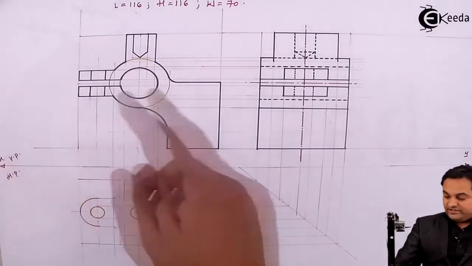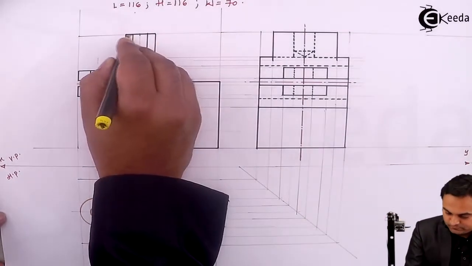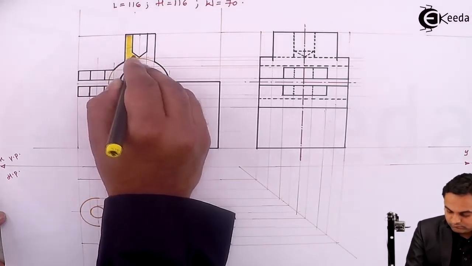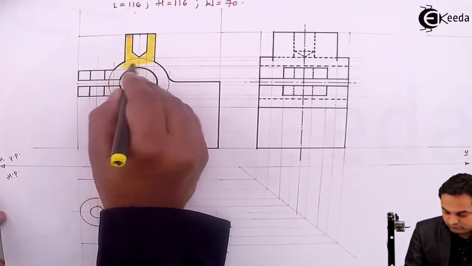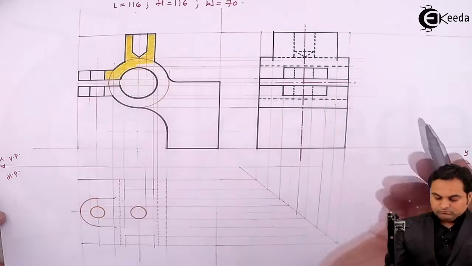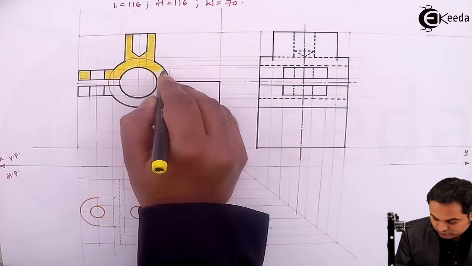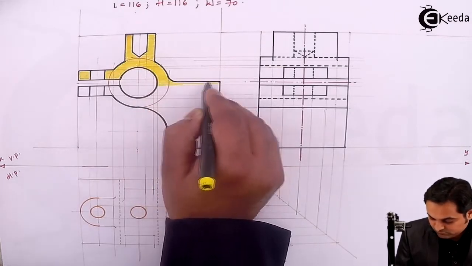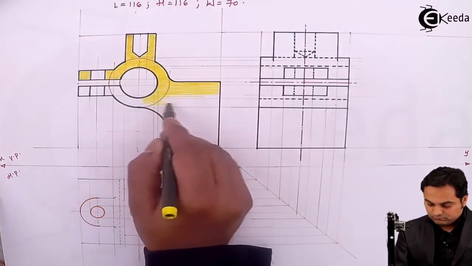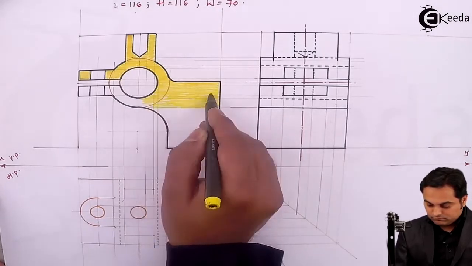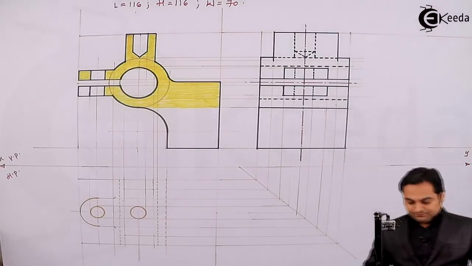So I would be just shading this surface to show you all where we should do the sectioning. So here I'm shading this surface which will be the sectional front view.